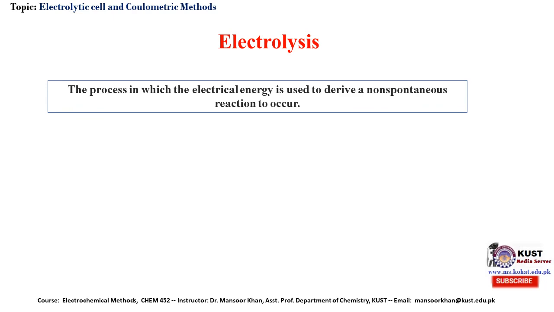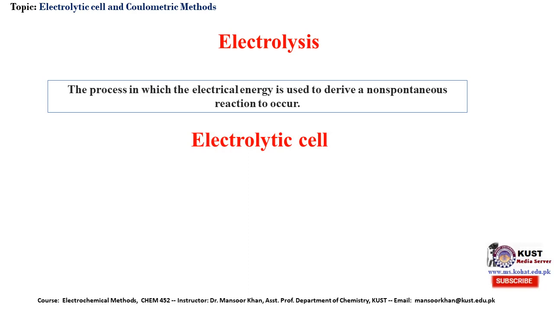Electrolysis is a process in which electrical energy is used to drive a non-spontaneous reaction to occur, or simply, it is a process in which electricity is used to generate a chemical reaction. In other words, it is the process in which electrical energy is converted into chemical energy.